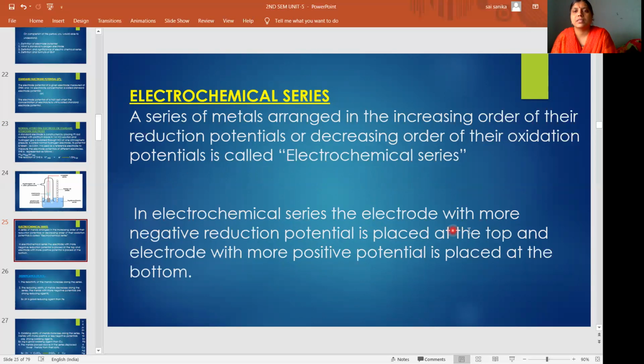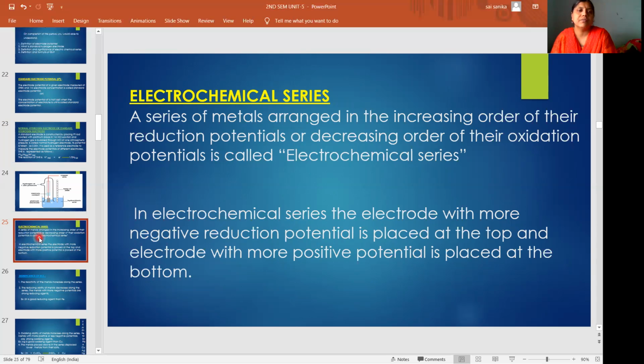In the electrochemical series, the electrode with more negative reduction potential is placed at the top and the electrode with more positive potential is placed at the bottom. So here we are arranging the metals in increasing order of their reduction potentials. The one with more negative reduction potential will be at the top and more positive potential will be at the bottom.